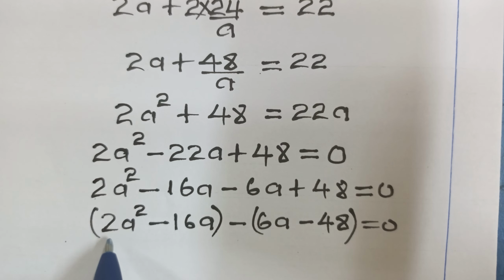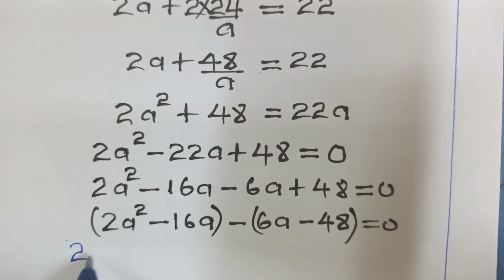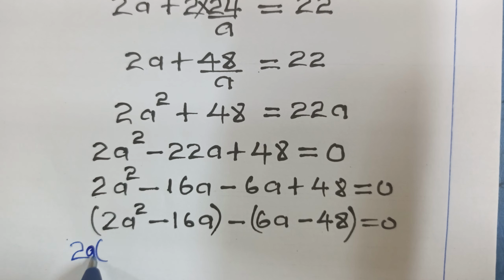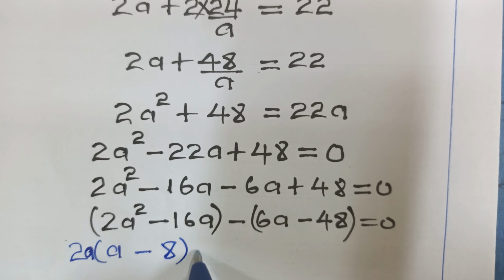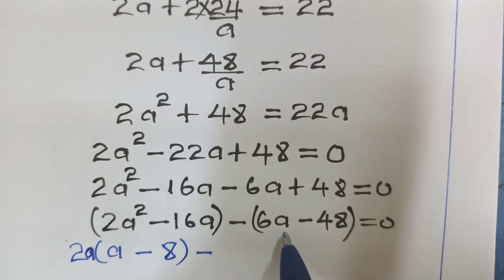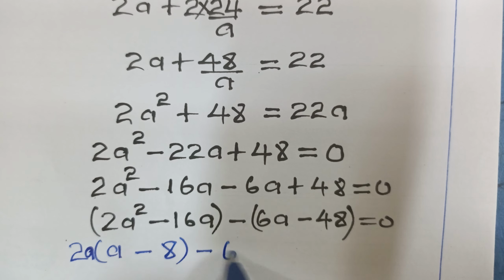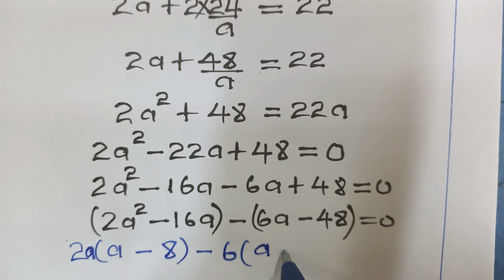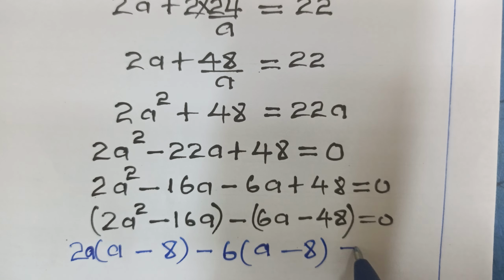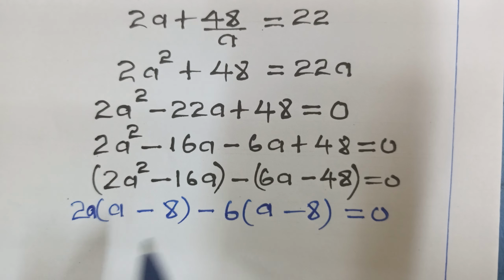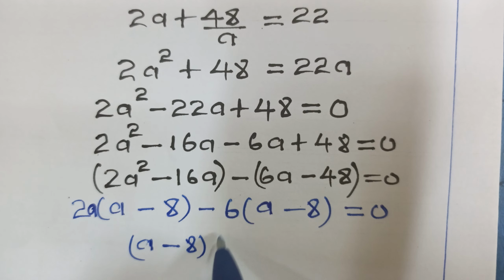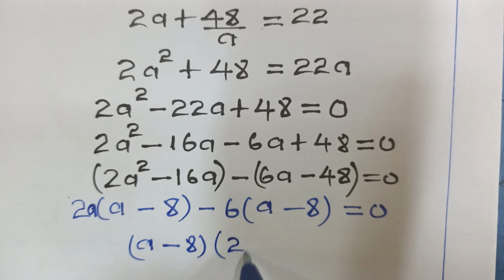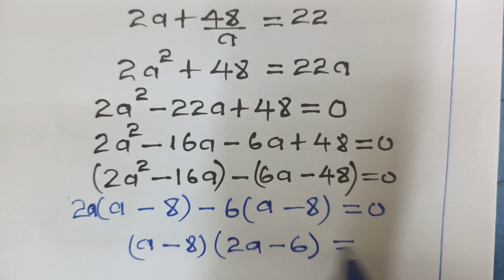Now I can factor out 2 here, and so I will be left with 2a, I will be left with a minus 8, minus, I can factor out 6, and so I will be left with a minus 8. This is equal to 0. And therefore we shall have our factors as a minus 8 and 2a minus 6. Guys, these are our factors.